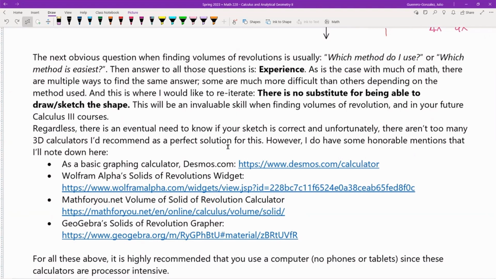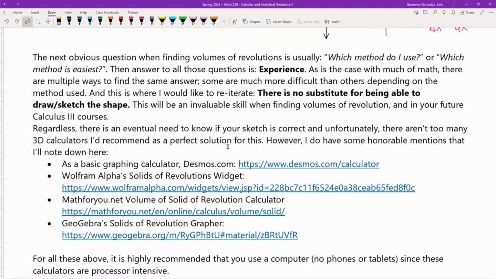But always two questions come along. Which method do you use? And how do I know if I'm drawing my shape correctly? The answer to both of those is experience. You just got to try them out, as many as you can.